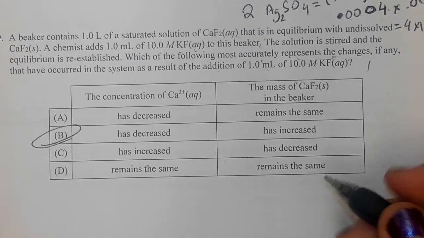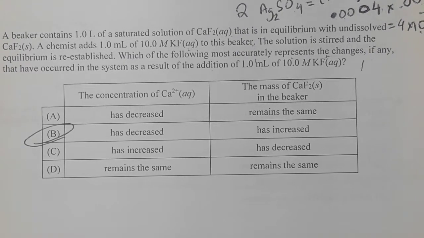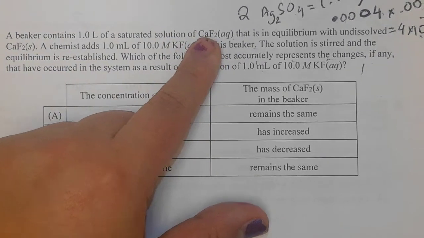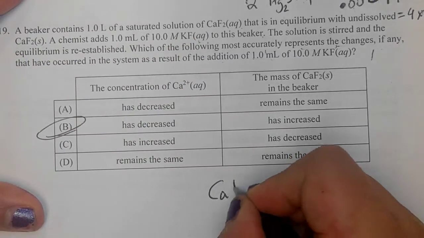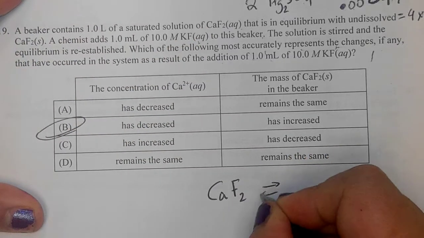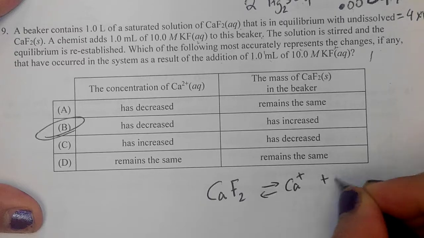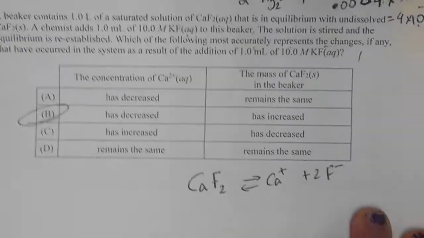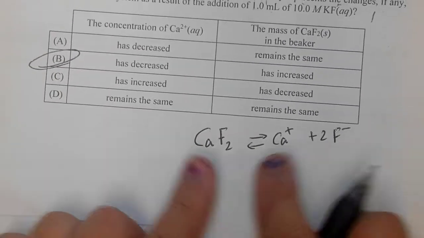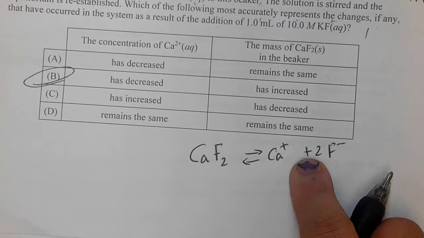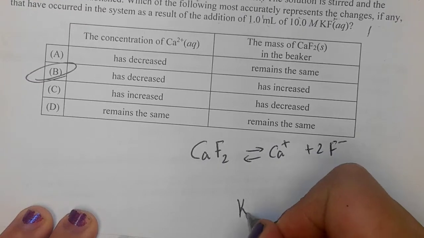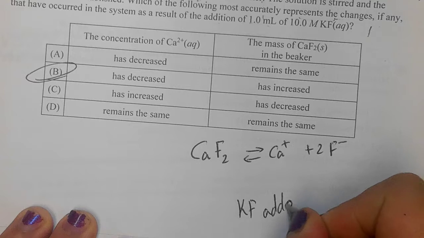Let's take a look. I know why you're confused. I'm just going to write it like this. You have this in an equilibrium. What would adding KF do? KF is added, increasing F minus.